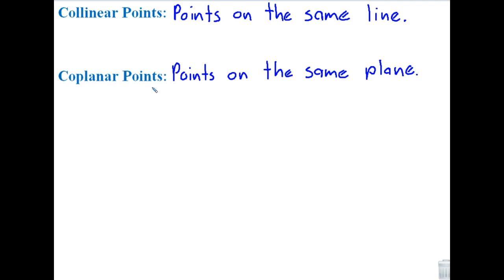Collinear and coplanar points. Anytime you see this co prefix, that means the same or with. Okay, so collinear points are just going to be points on the same line. Coplanar points then will be points on the same plane. Collinear, same line. Coplanar, same plane.